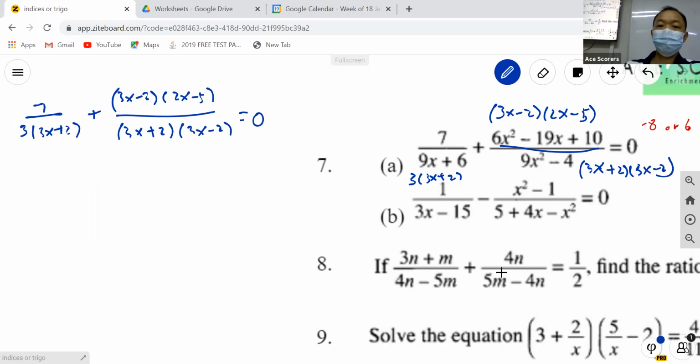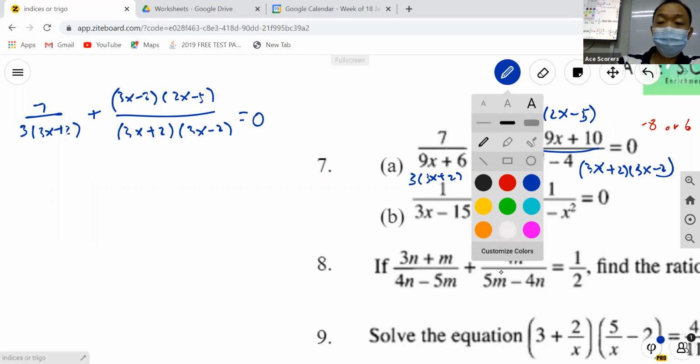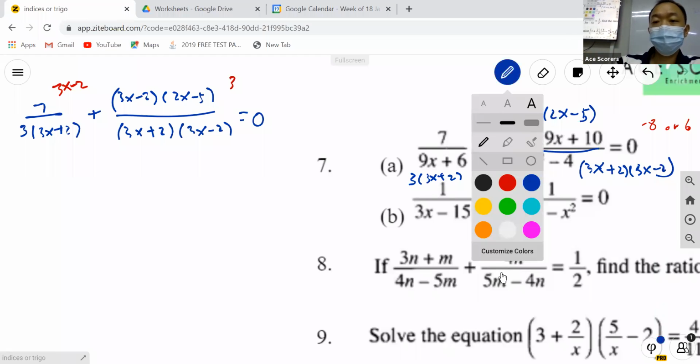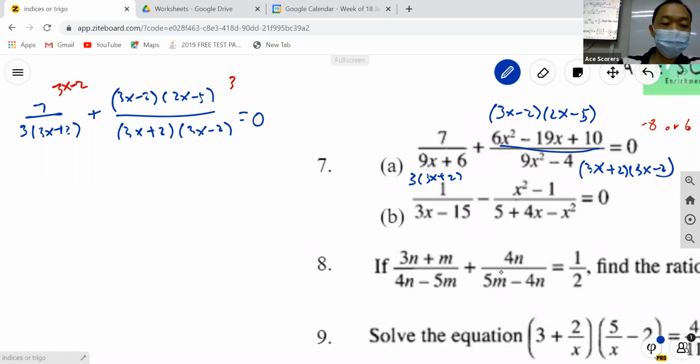So that's me rewriting the whole thing. And the common denominator now, we got the times, let me see. 3x plus 2, 3 times of 3x minus 2. That means this part is missing a 3x minus 2. Okay, here is just a 3. The red is what's missing.